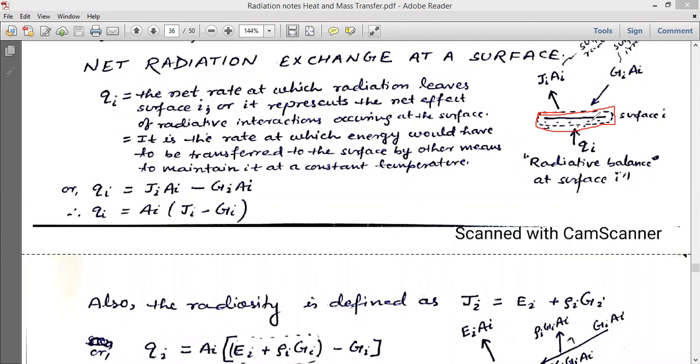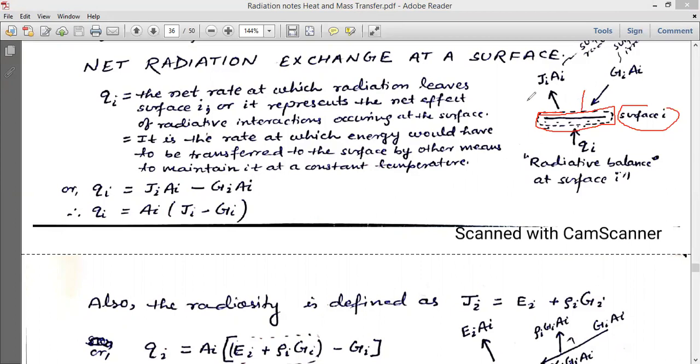Now let us analyze what energy interactions are taking place through the boundary of this system. So this is the surface i. We are interested to determine the net rate of radiation that is leaving from surface i.